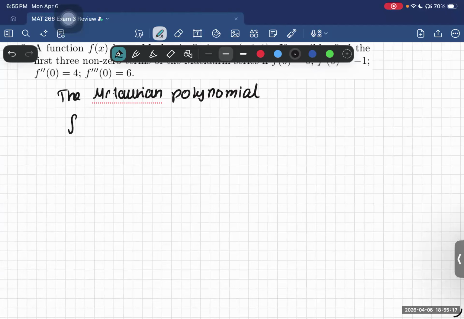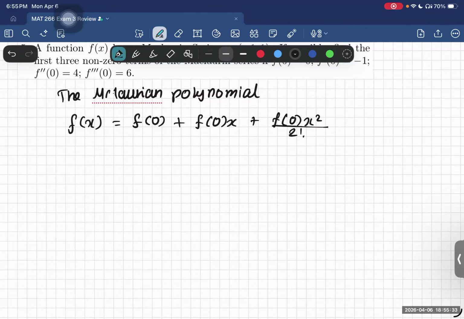Okay, so the Maclaurin polynomial gives us f of x is equal to f of 0 plus f'(0) times x plus f''(0) x squared over 2 factorial plus f'''(0) times x cubed over 3 factorial and so on. If you see, it's kind of using the same logic from the previous question that we had. Basically, it was like (n plus 1) times x raised to the n, summation from 0 to infinity.